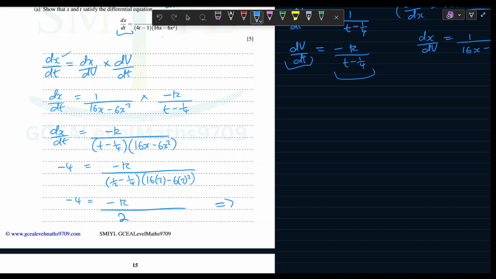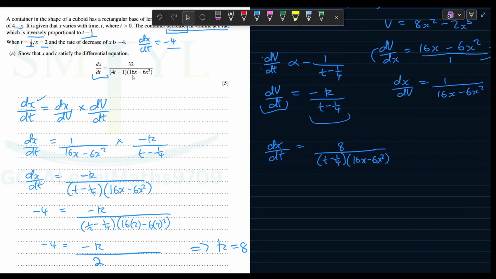So this would mean that therefore k is going to be equal to a positive 8. So what we have is that dx/dt is equal to positive 8 over t minus a quarter times 16x minus 6x squared. All right, and let's see, what do they have?